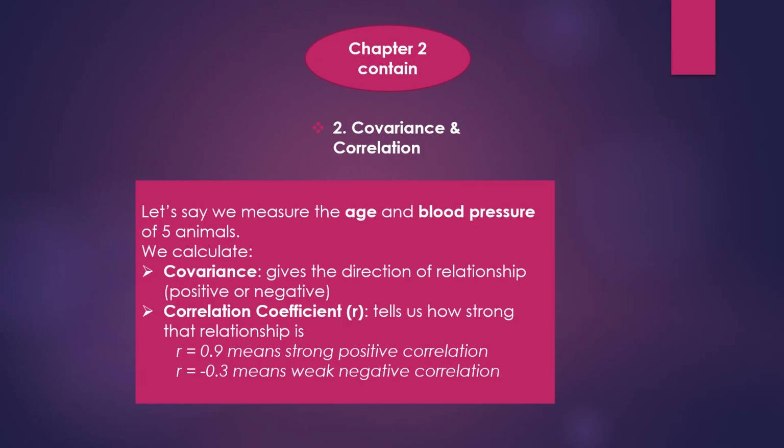For example, if R equals to 0.9 means strong positive correlation, and if R equals to -0.3 means weak negative correlation. So the closer to +1 or -1, the stronger the relationship. A value near 0 suggests little to no linear correlation.